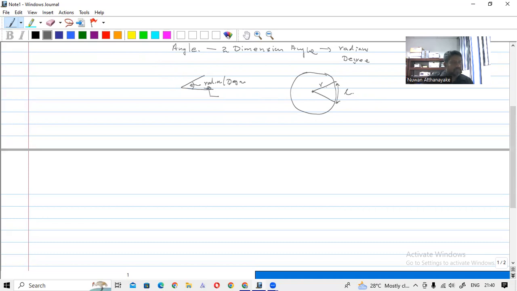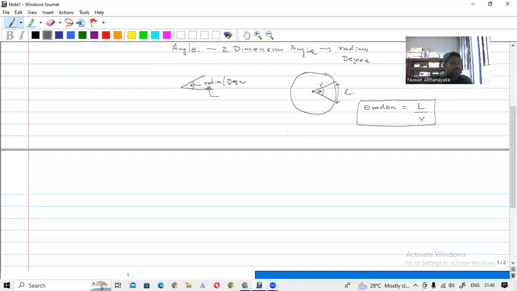So this angle theta, if you measure theta in radians, is equal to nothing but this length divided by the radius of the circle. Maybe not the definition, but this is how we explain the radian.